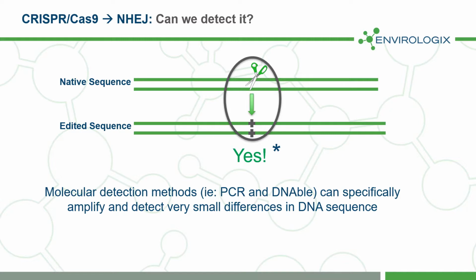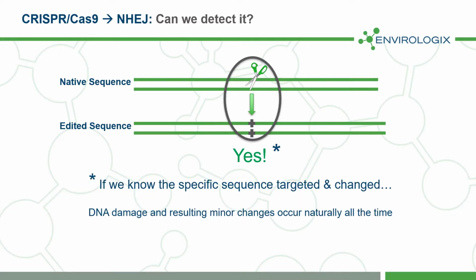So molecular methods, PCR or EnviroLogix rapid molecular technique DNAble, can specifically amplify and detect very small differences in DNA sequence. There's a little caveat on there. We can detect it if we know the specific sequence that was targeted and changed, because again, DNA damage and resulting minor changes occur naturally all the time.